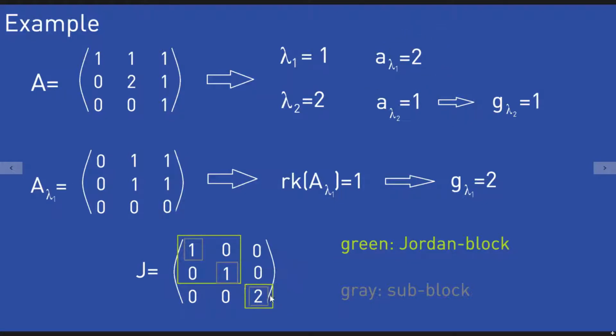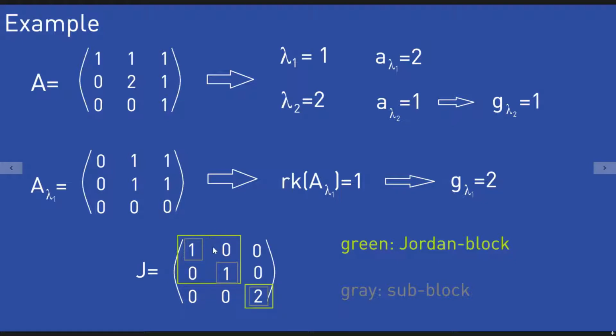The second Jordan block is of length 1 because the algebraic multiplicity of lambda 2 is equal to 1. The first Jordan block looks like this because the geometric multiplicity of lambda 1 is 2. So there are two sub-blocks inside of the green Jordan block.